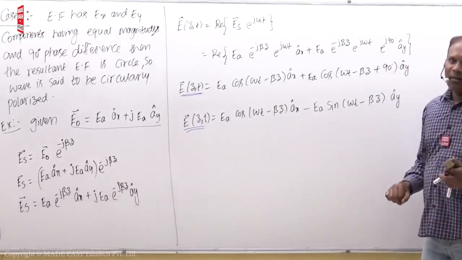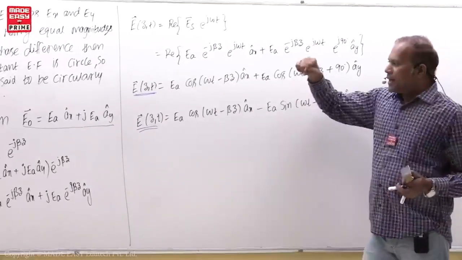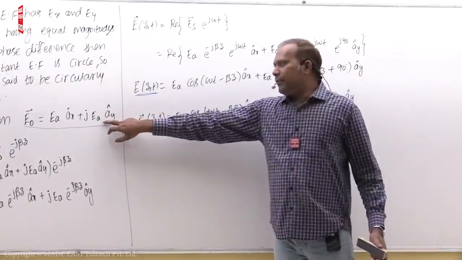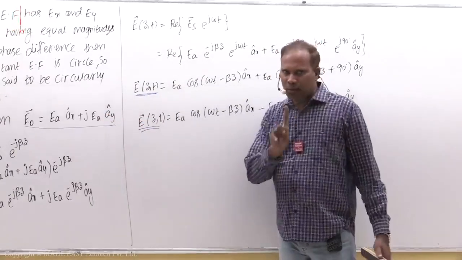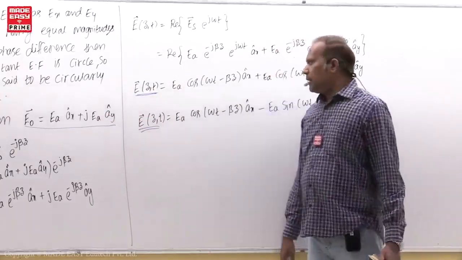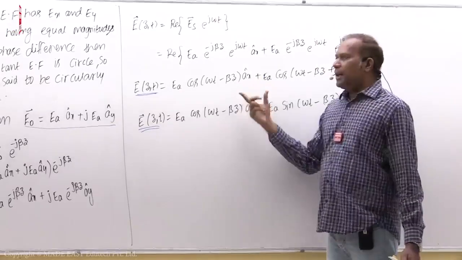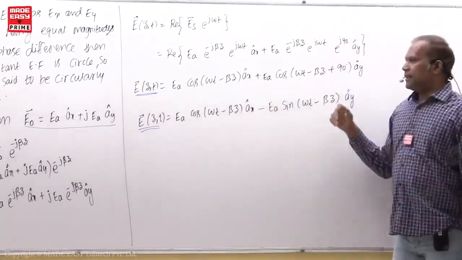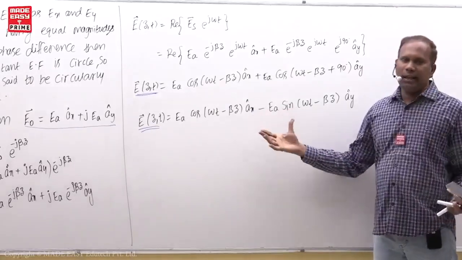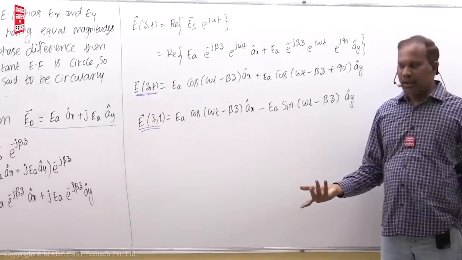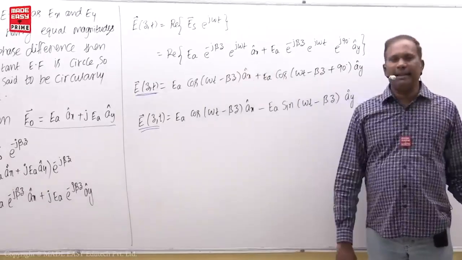So dear students, what is going on? The question is going on. In the exam they give the electric field initial vector like this, then they can ask what the polarization is. That is one question over. Second question, in the exam they give this equation and ask what the polarization is. In the exam they can give this equation and ask what the polarization is. So all three equations are the same.